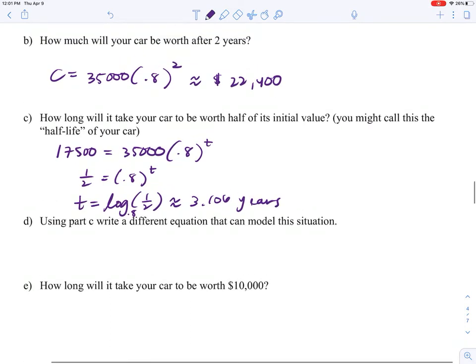Okay, so using part C, we can come up with another equation that models this situation. We know how long it takes for the car to decrease in value by 50%, so we could come up with the equation using that half-life.